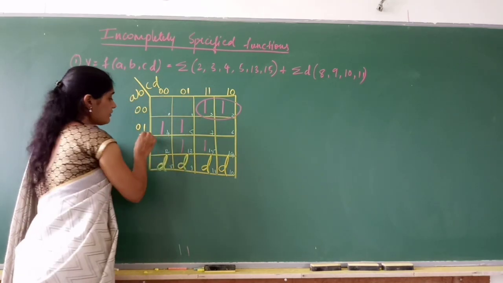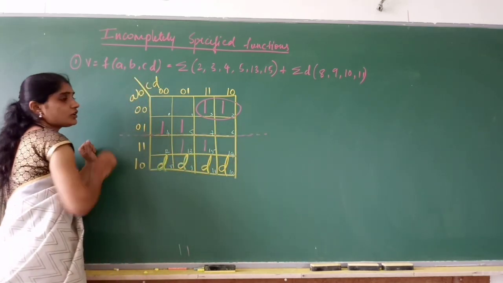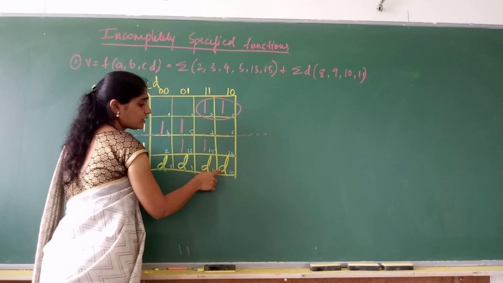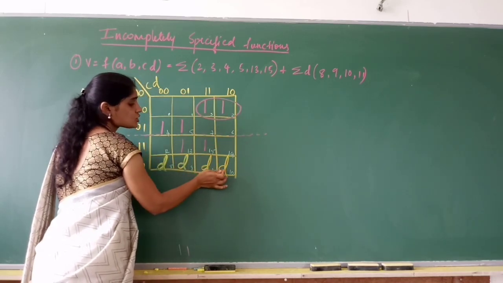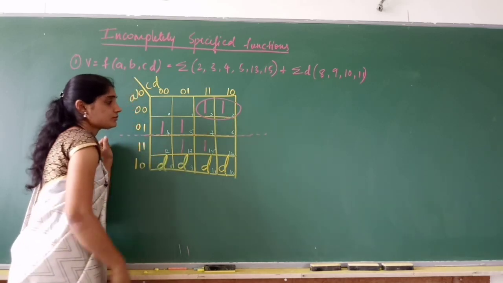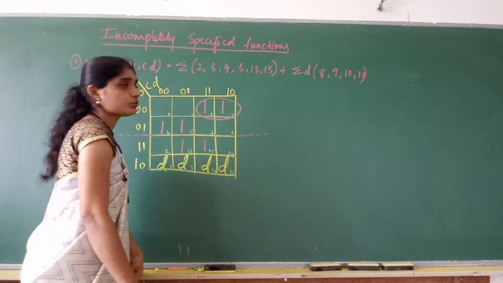But if you fold the K-map here, what do you have here? Don't care. If you fold the K-map like this, these don't care terms will overlap on 2, 3.